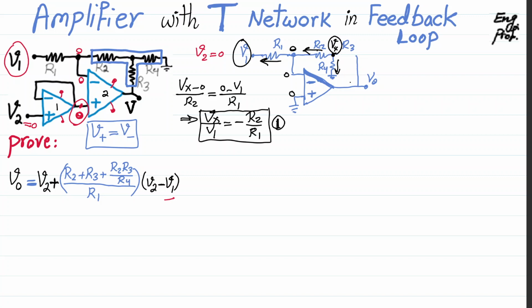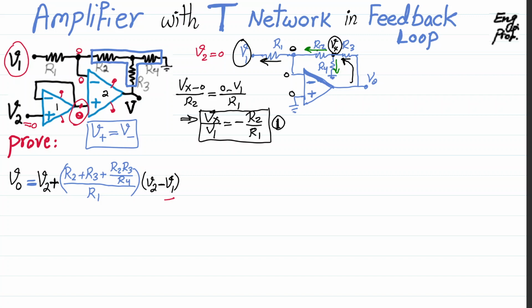So I can write a KCL from Vout through R3, which should be equal to two currents that I'm going to show in different colors so that it's visible. It should be equal to these two currents, one going through R4, the other going through R2. So what is that KCL?